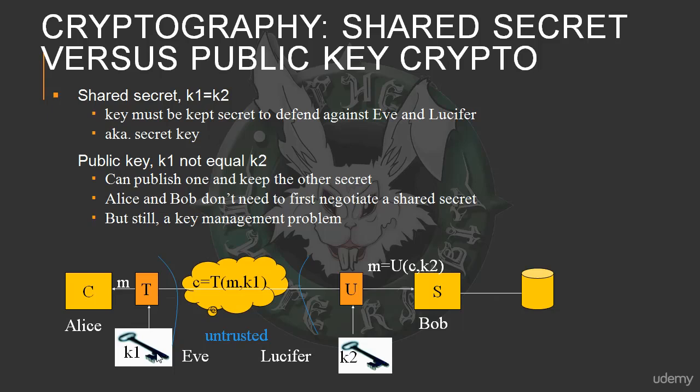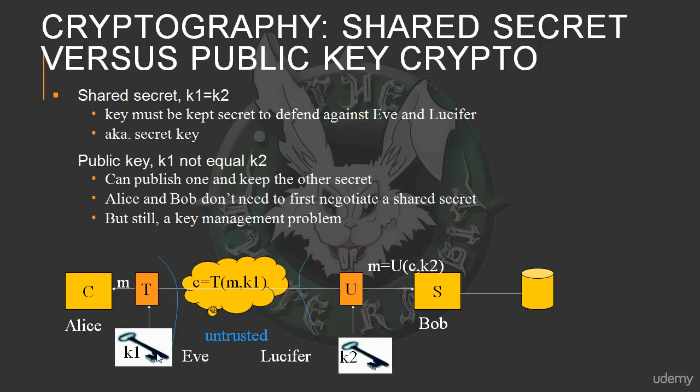So this is very useful in the sense that the key K1 can be published, and Bob doesn't have to spend a lot of time to go arrange shared keys with all the devices that Bob wishes to communicate with, Alice and others.